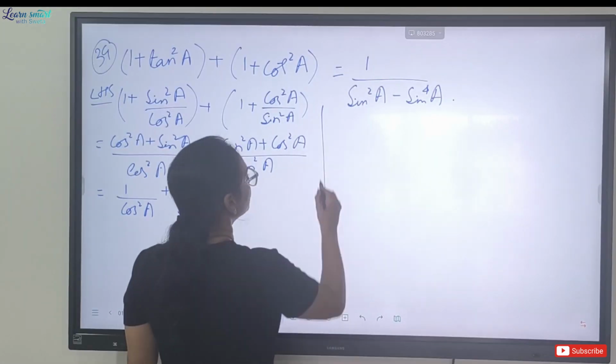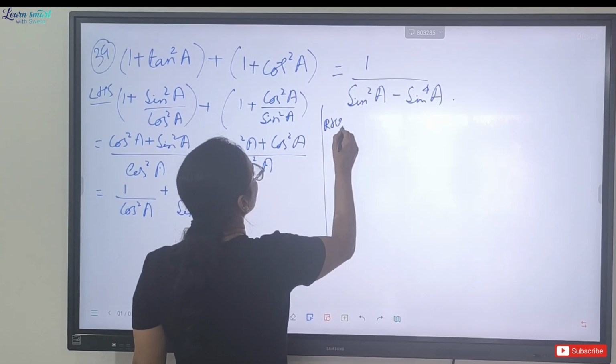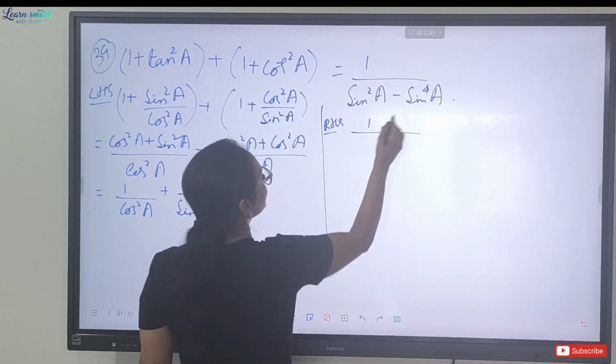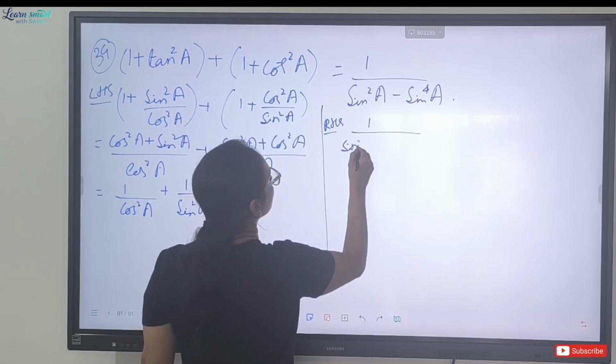So RHS if we solve, what we can write? 1 by, let's take sin square A common.